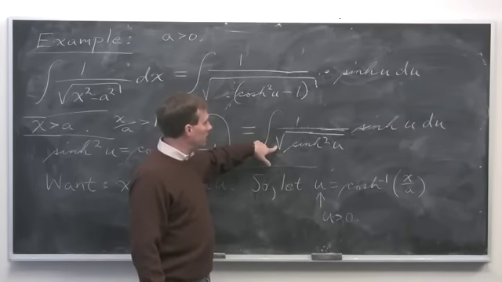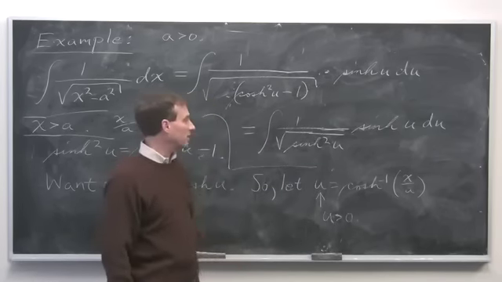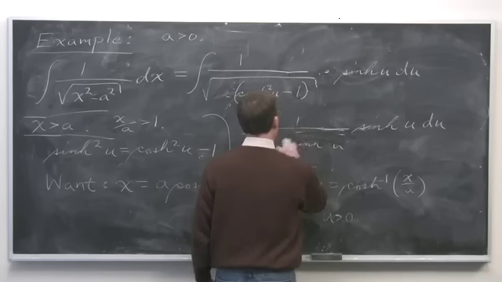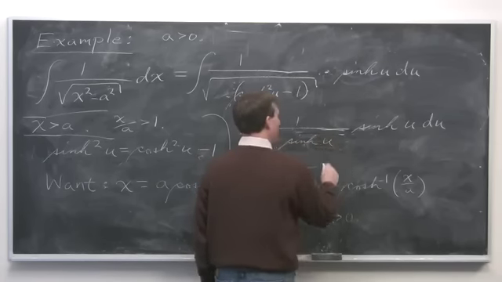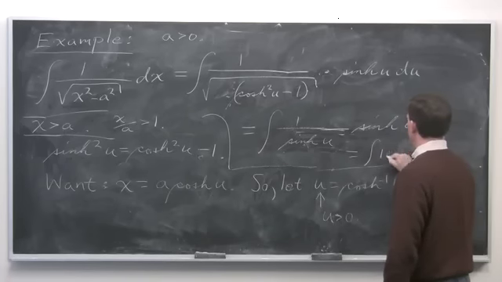And so that means the square root of hyperbolic sine squared of u, which is the absolute value of hyperbolic sine of u, is in fact just hyperbolic sine of u, because since u is positive, hyperbolic sine of u is positive. So this square root of hyperbolic sine squared just becomes hyperbolic sine of u. It does cancel with this hyperbolic sine of u, and you do get the integral of 1 du.